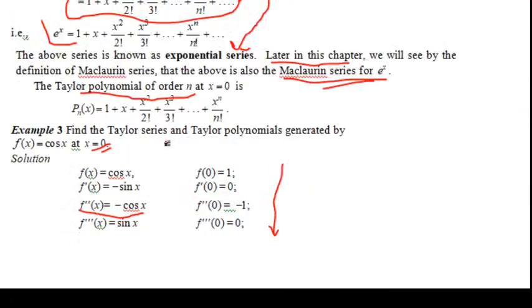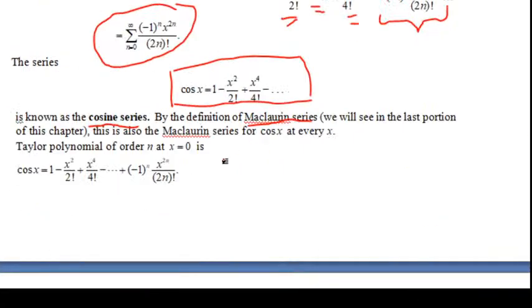And here we have been asked to find the Taylor polynomial, isn't it? The Taylor polynomial we write like this formula. We stop after a stage, so here we finish with negative 1 to the power n, x to the power 2n by 2n factorial. We do not write plus etc. So this is known as the Taylor polynomial.